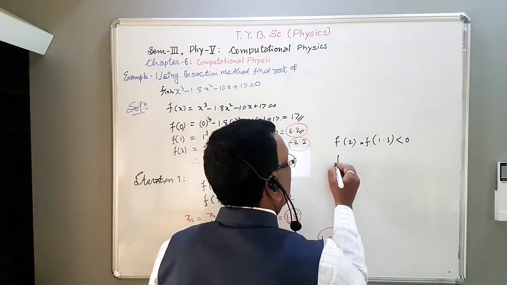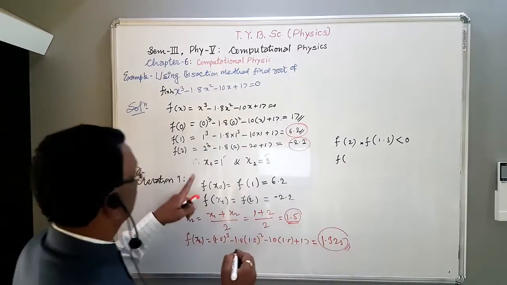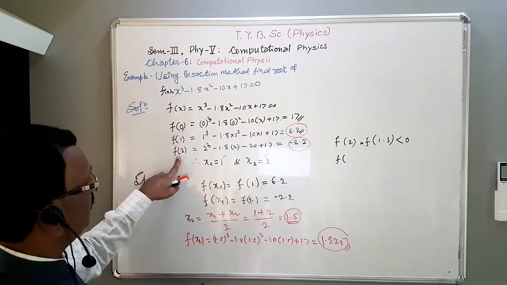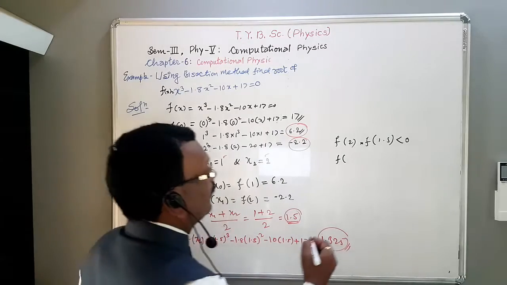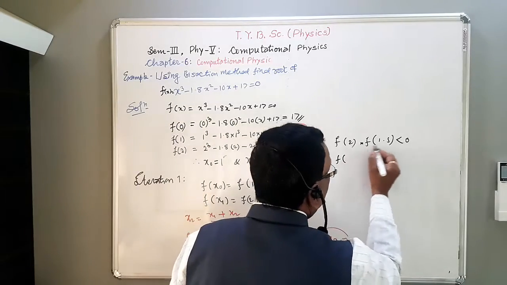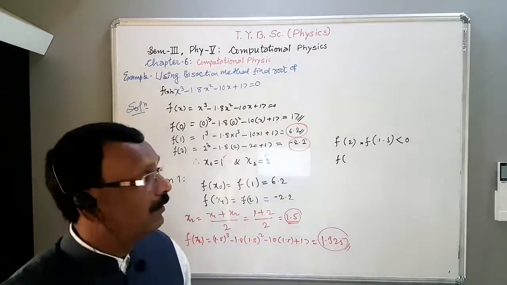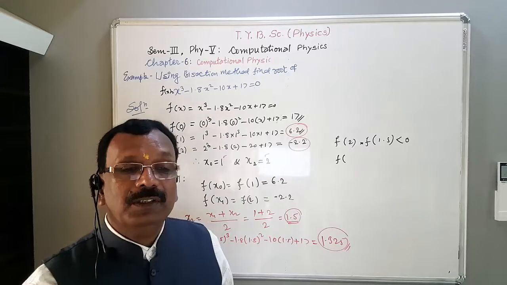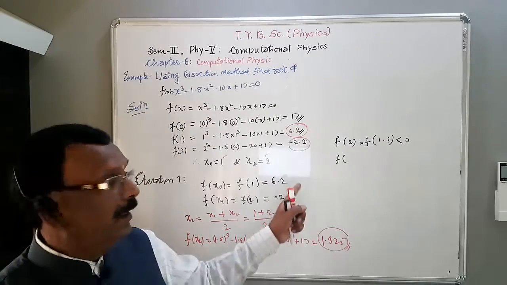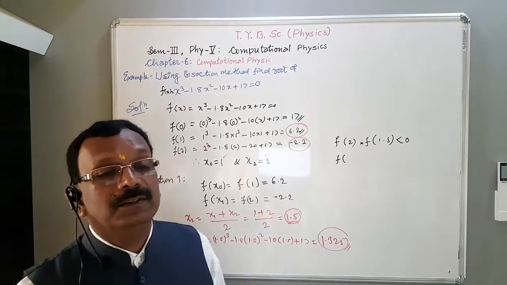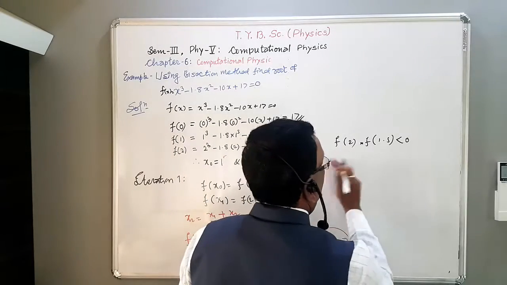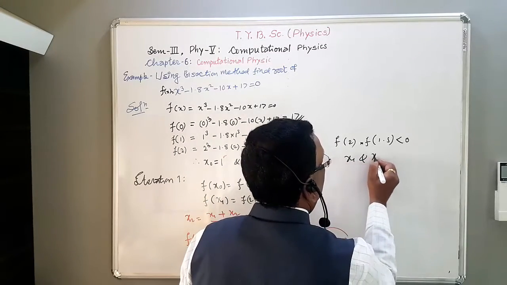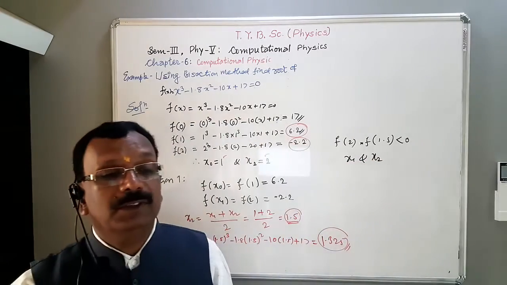If this result gives a value which is less than 0, obviously the root lies between x1 and x2. Root lies between x1 and x2.